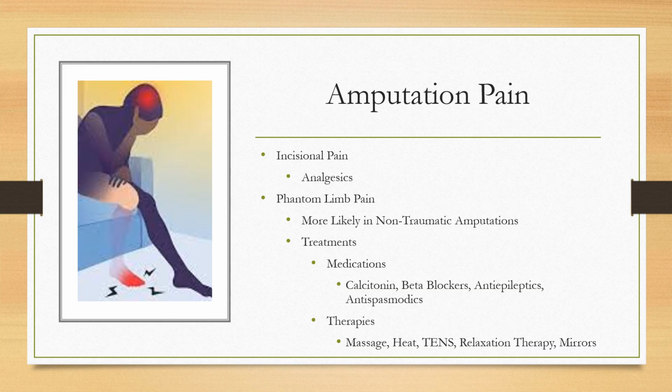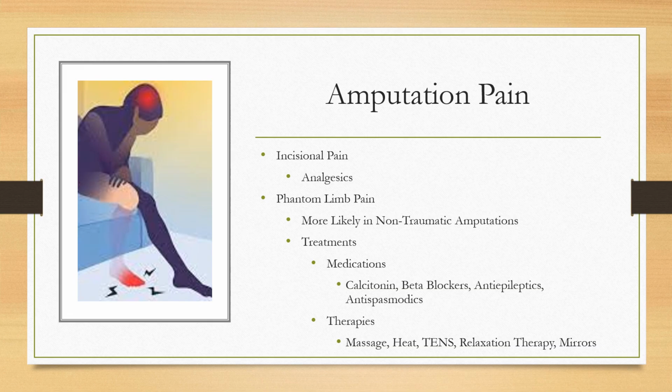Now they can go back weeks to months later and have a revision and have it closed. There's quite a number of different professions involved in this, so you're definitely going to have someone who deals with orthotics to fit the prosthetic properly.